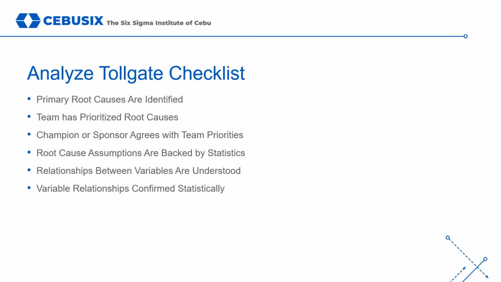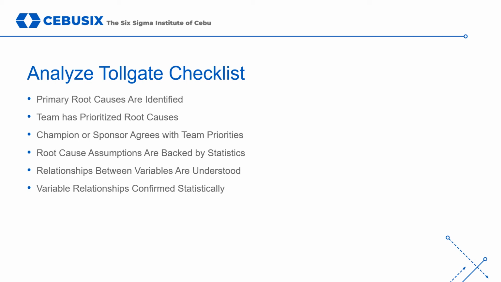Once analysis of the problem or root causes of the problem are complete, Six Sigma teams usually move on to the improve phase. Again, a Tollgate review is conducted between phases. To complete the analyze phase, you must have ensured that all primary root causes have been identified and that the team has prioritized them.